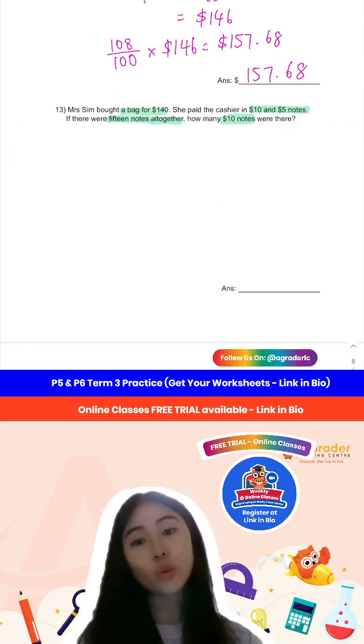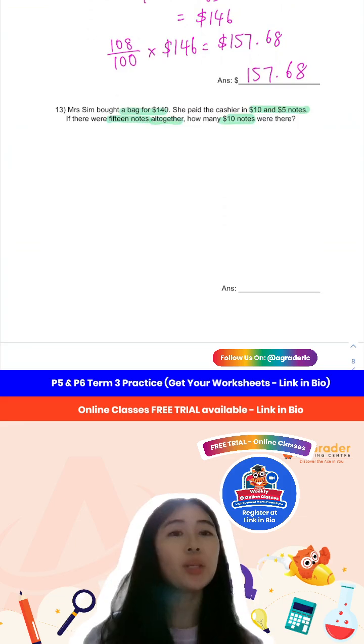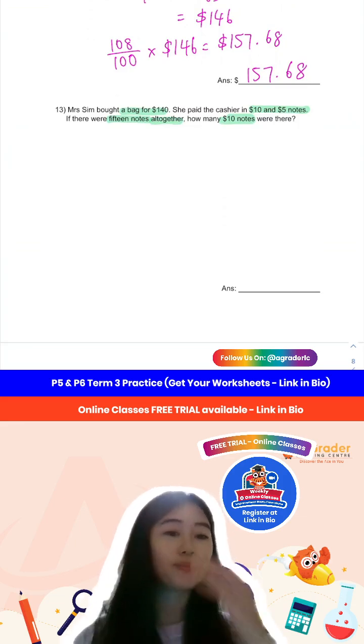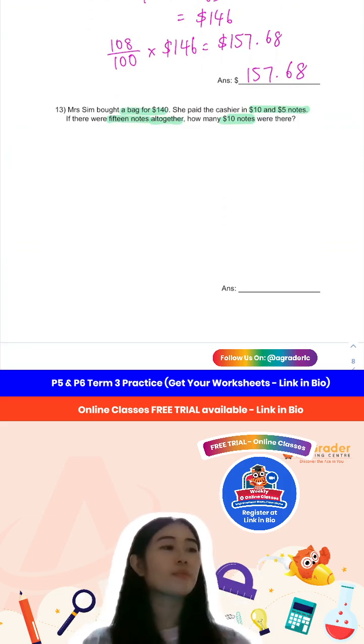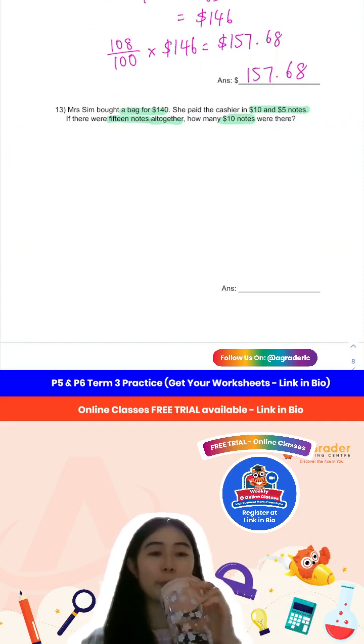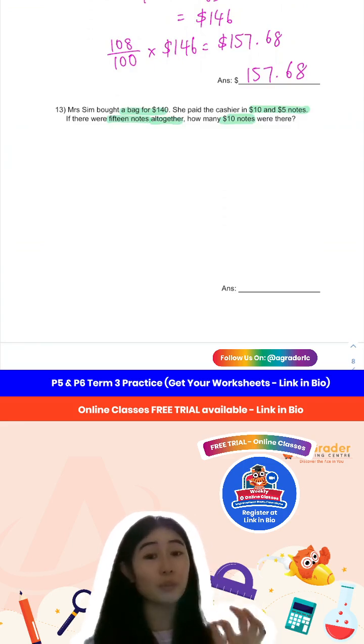Okay, so for this question, I would suggest using a certain method to solve it. Let me know in the chat what method you think is suitable for this question. What method should you use for this question? Anybody knows the name of the method?